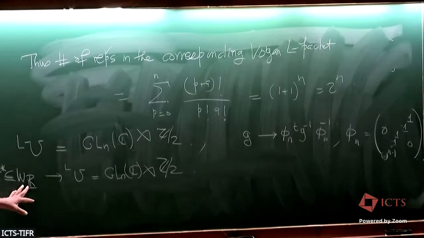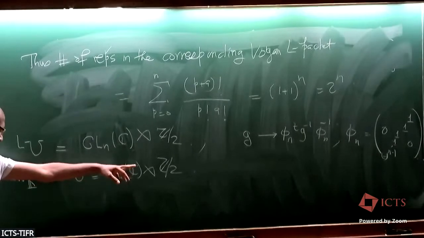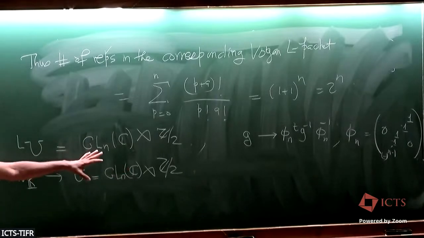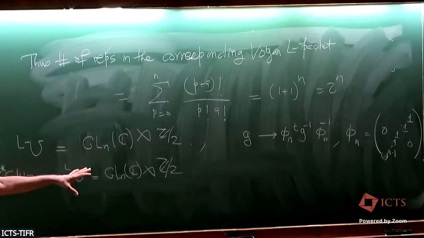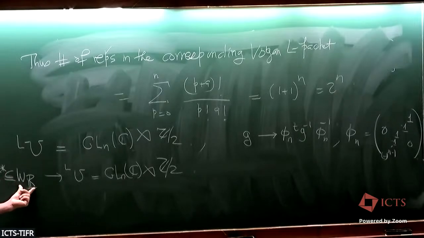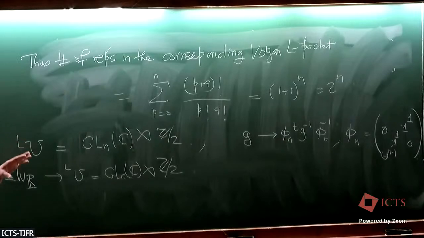So a mapping from W_R to GL_n(C) semi-direct product Z mod 2, when restricted to C star, is just a homomorphism from C star to GL_n(C), and therefore it is a sum of n characters. Because it extends to a homomorphism of W_R, those n characters are what are called conjugate self-dual characters.